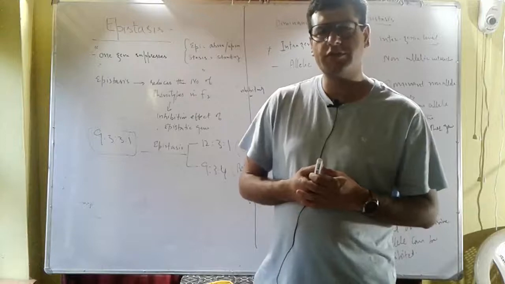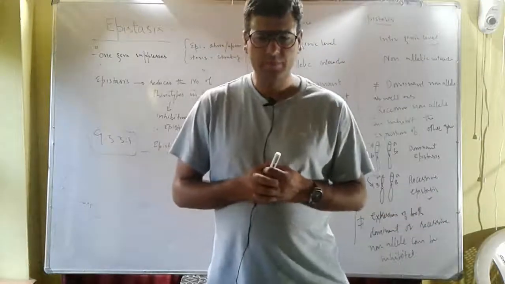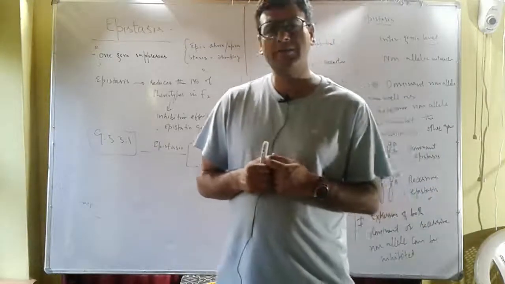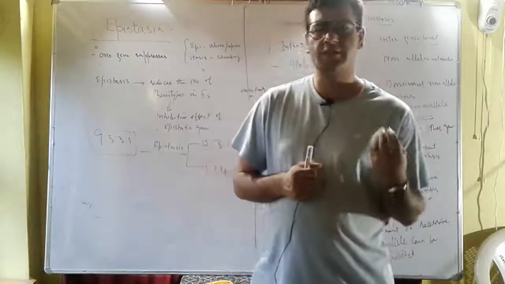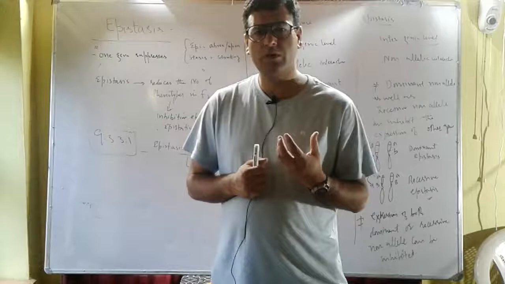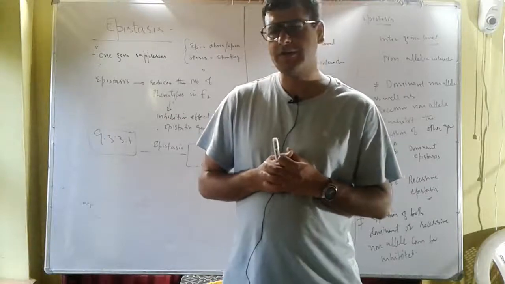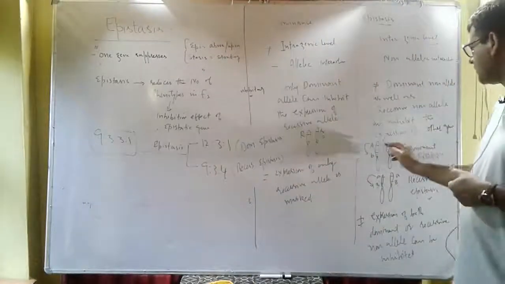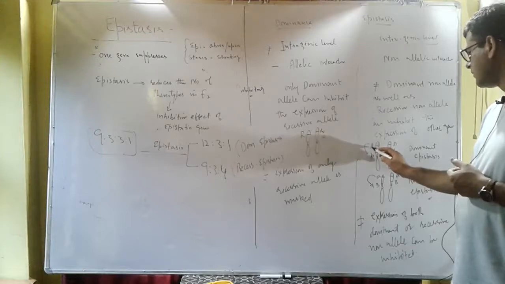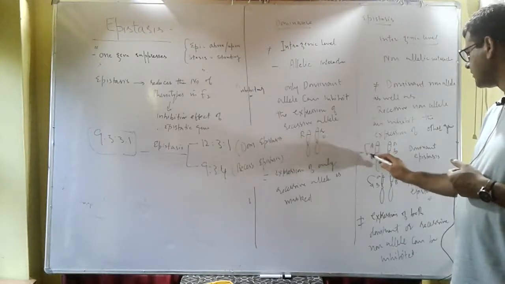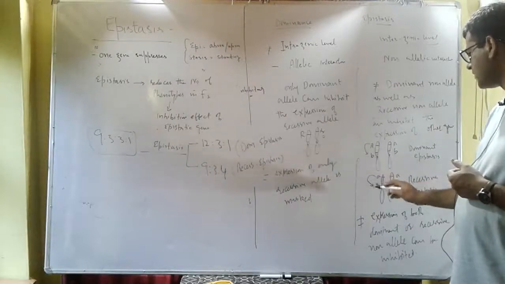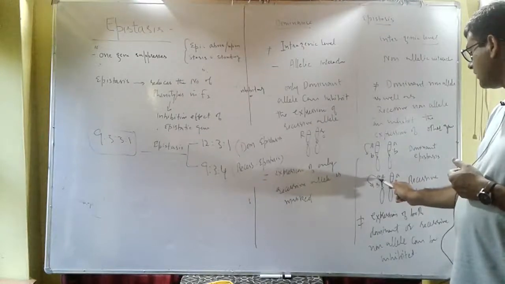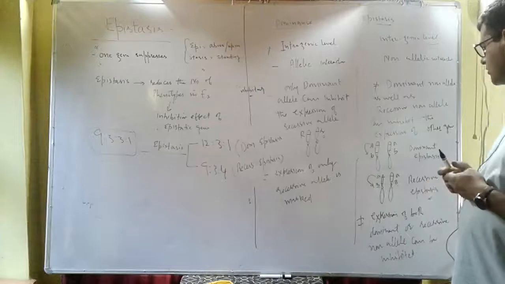In dominant epistasis, the dominant allele inhibits the expression of the other gene, whereas in recessive epistasis, the recessive allele inhibits the expression of the other gene.